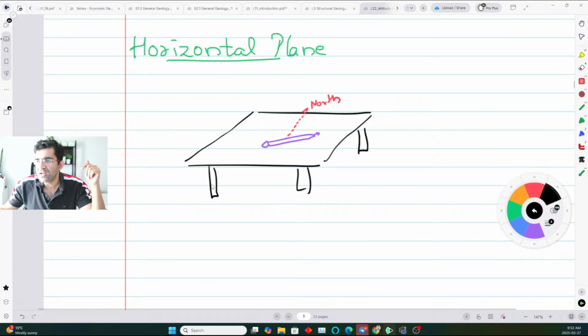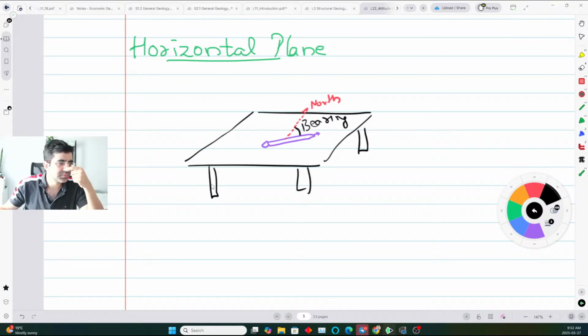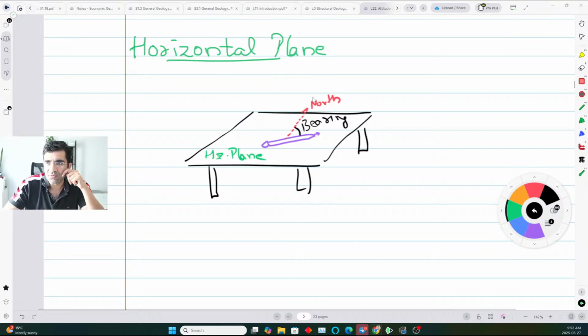So bearing, in this horizontal plane, is this angle. You have to have a horizontal plane for bearing. There is a north direction, your pencil is pointing that way, and this angle with respect to the north is bearing.